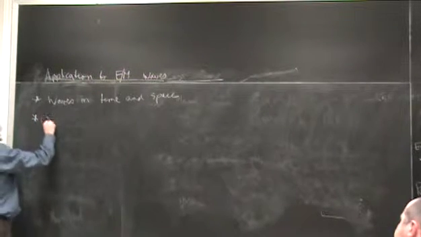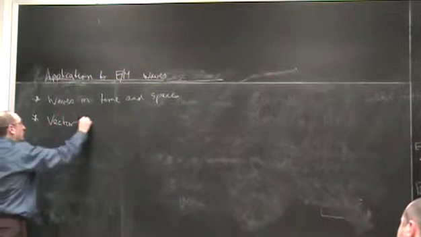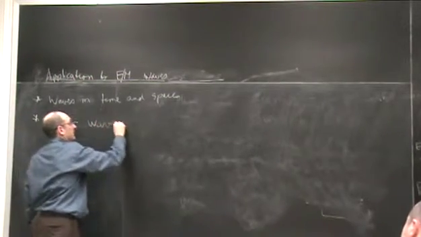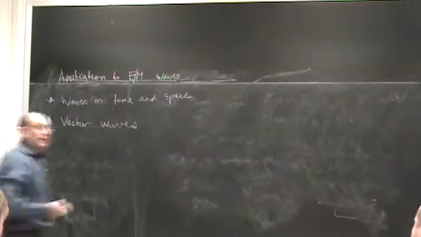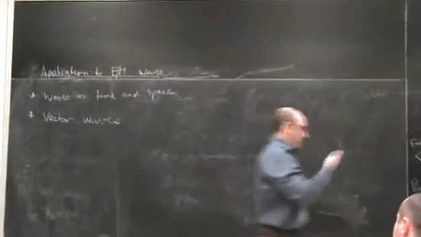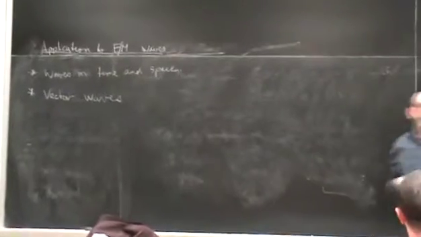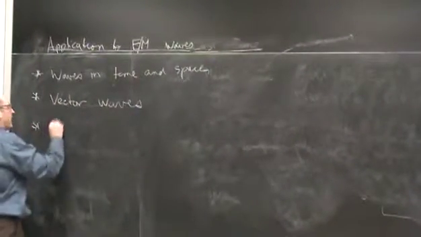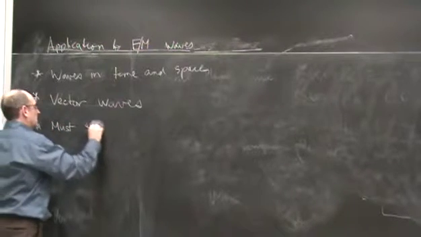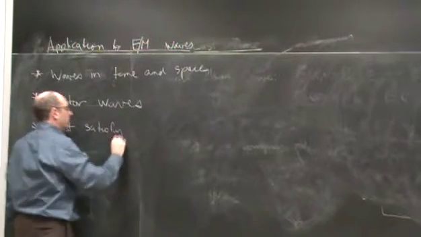We're talking about vector waves. So we're talking about not just a scalar function that's a wave, we're talking about a vector function that's a wave. We must satisfy Maxwell's equations.